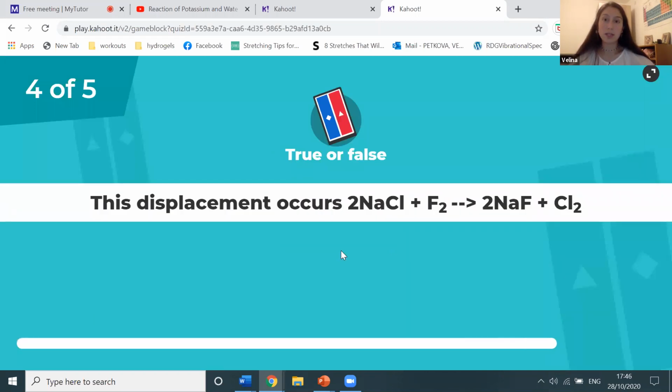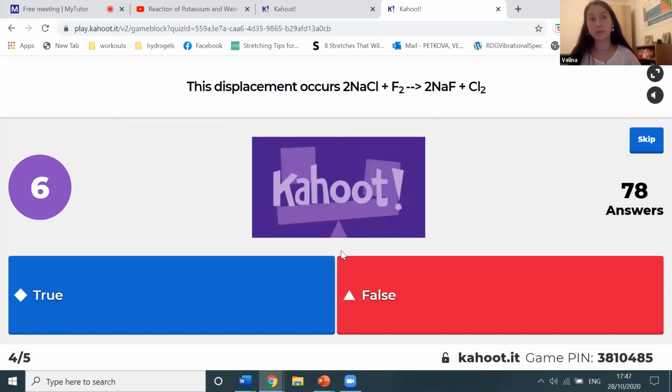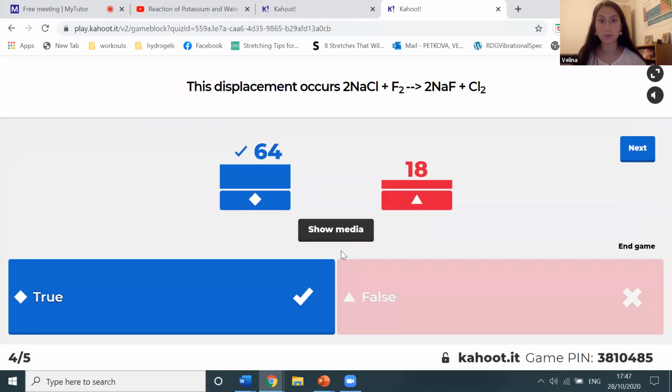Okay, so does this displacement reaction occur or not? This is also linked to the previous question. Yeah, well done to everyone who put true.